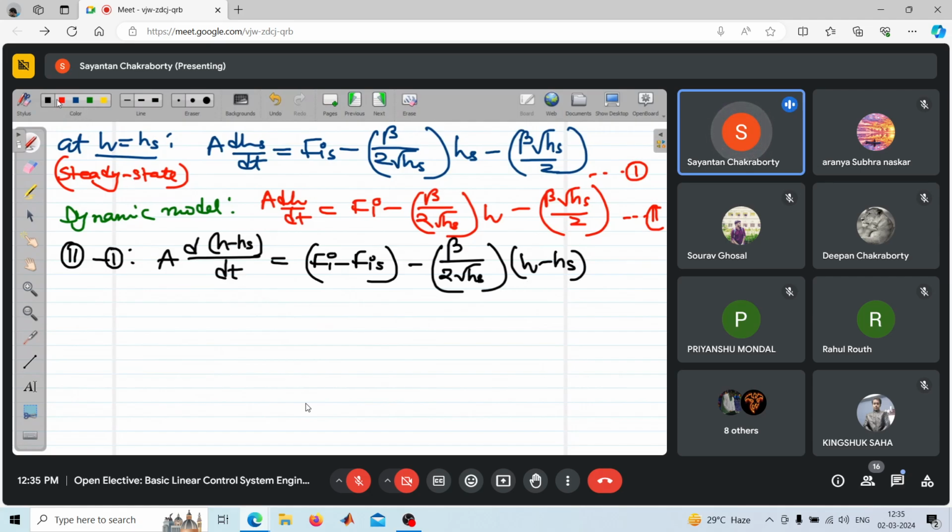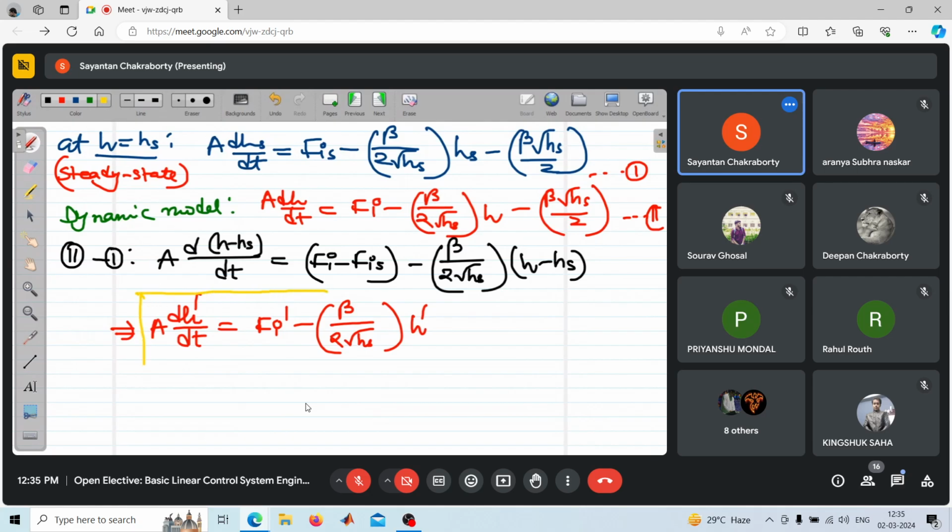So that can be written as A dh dash dt equals Fi dash minus beta by 2 root hs times h dash. So this is the final deviation variable model of the system. It's a linearized model of the system.